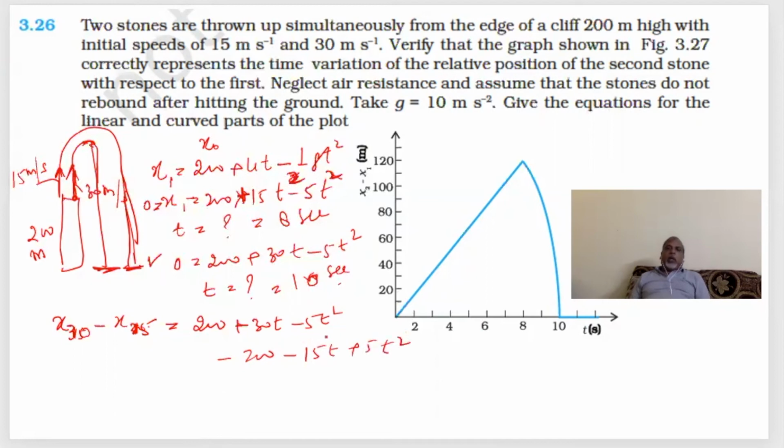So here this 5t square and minus 5t square cancel out, 200 or 200 also.